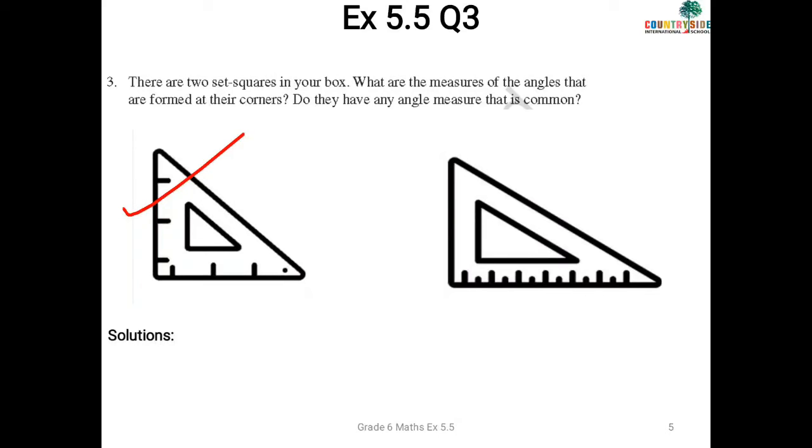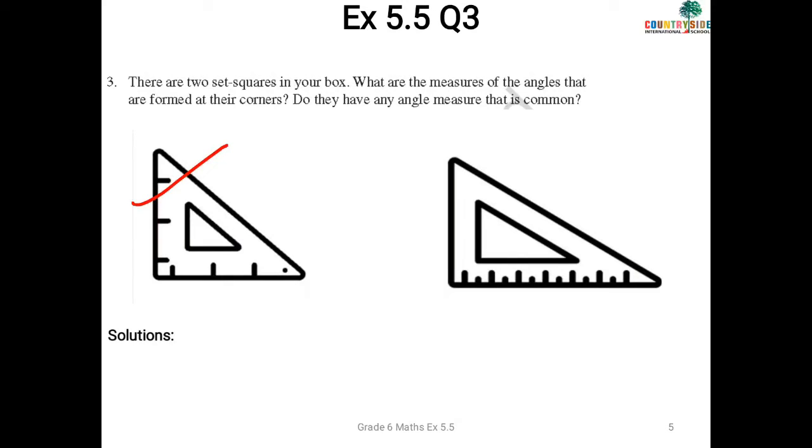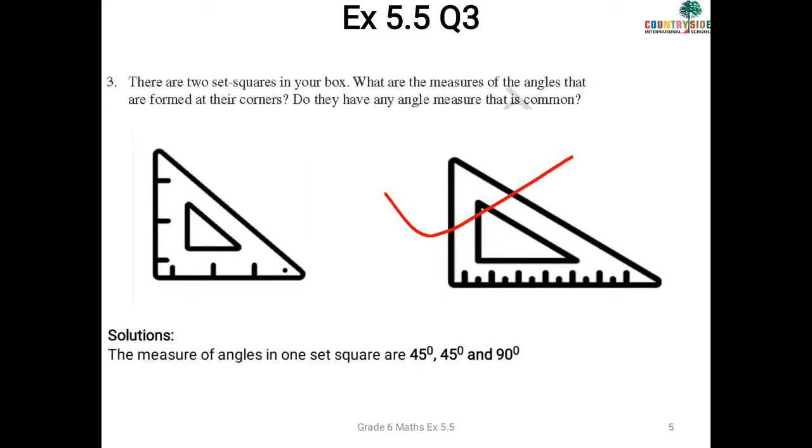This is set 1 and this is set 2. Always remember this type of set has angles of 90 degrees, 45 and 45. This is 90, this is 45 and this is 45. Now for the second one, the angles are 30 degrees, 60 degrees and 90 degrees.